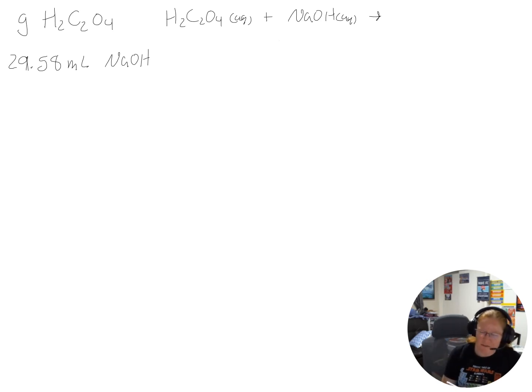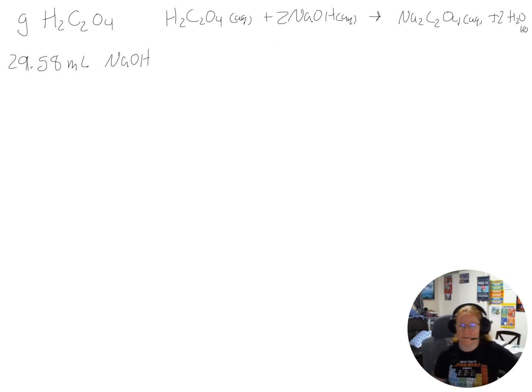You might recognize, if you took prep chem at Grossmont College, oxalic acid as the acid that we used in our titration experiment in our prep chem class. You get sodium oxalate and water. And oxalic acid is diprotic, so we're going to do 2 and 2.